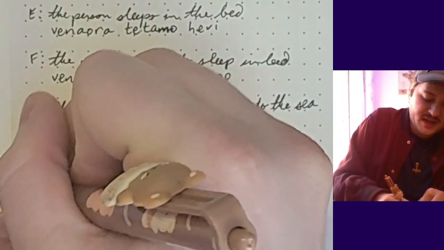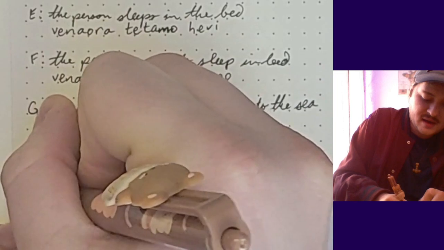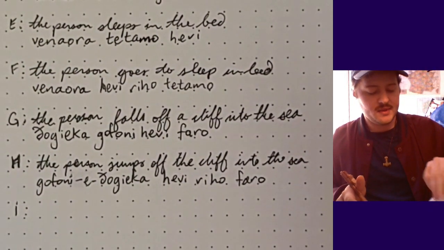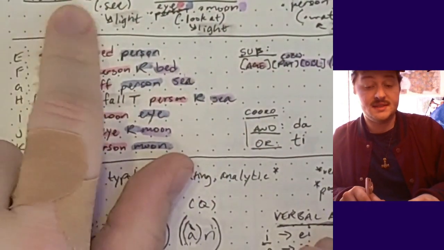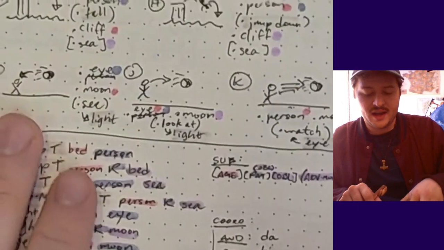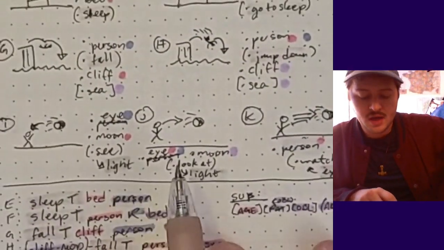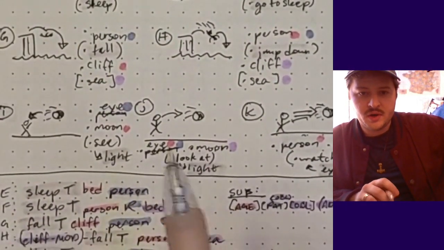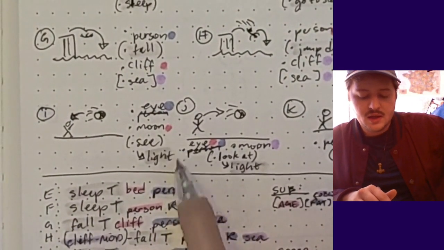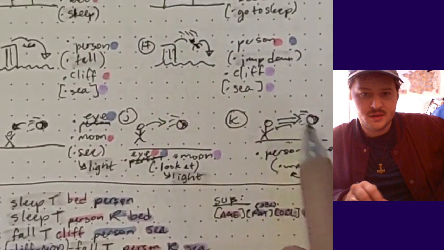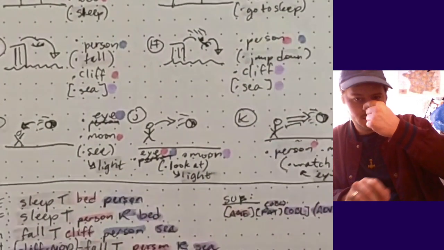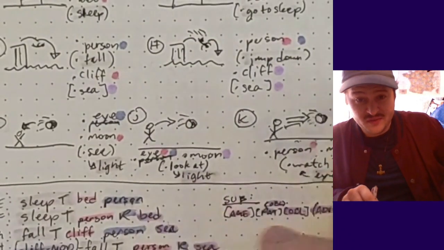Okay, now we have H-I. I is a situation where we have, interestingly, a person seeing the moon. And with these three scenarios, I had to do something interesting with the arguments when I was thinking about what's happening. There's a person and a moon in all three of these, and seeing is what's happening in all of them technically, but they're different kinds of seeing.